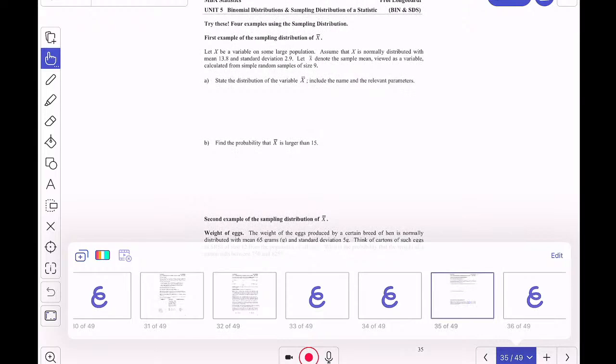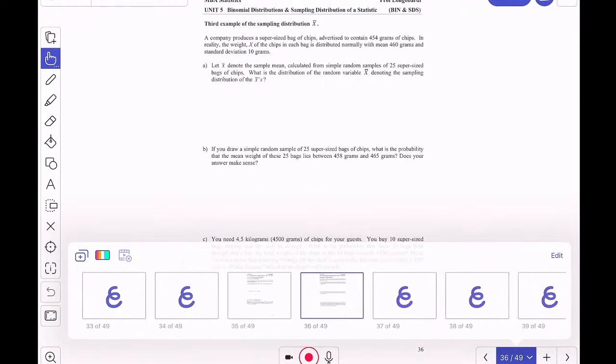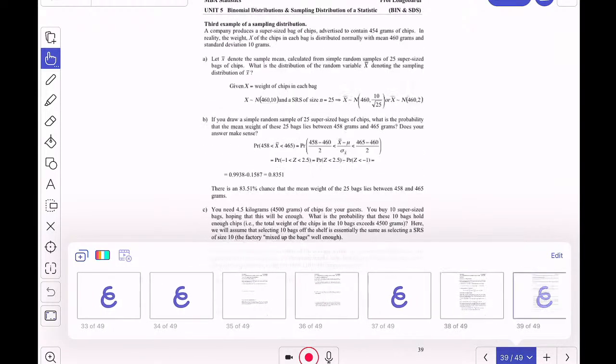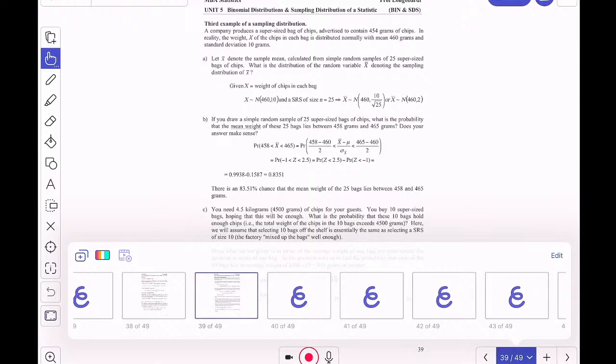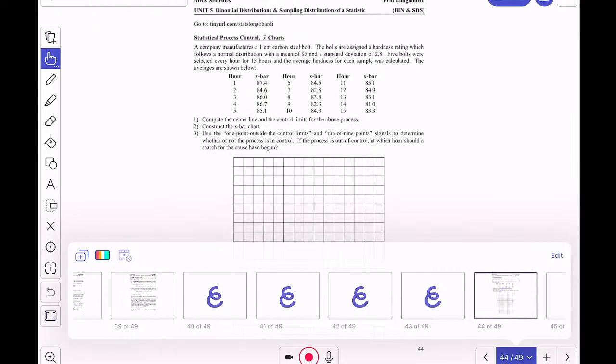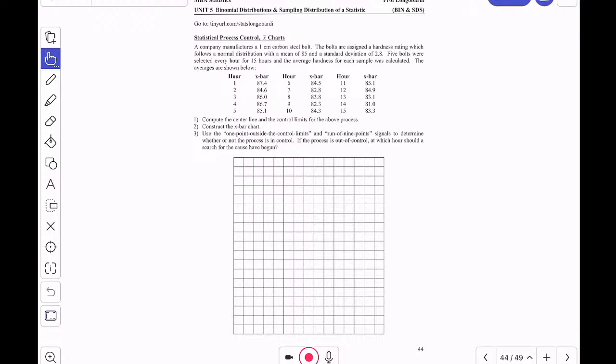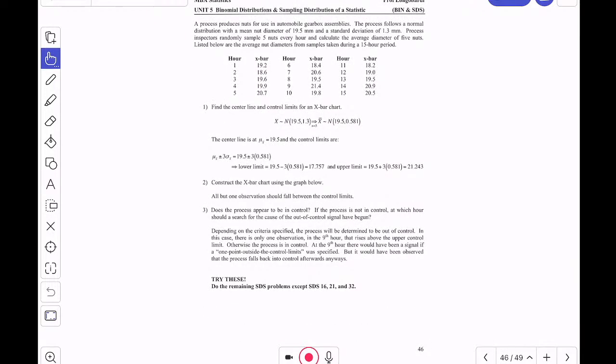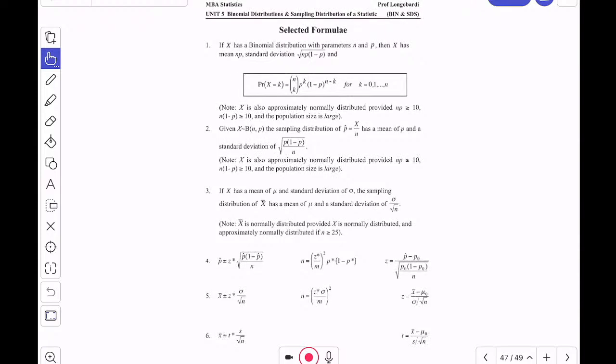So you have a lot of exercises in here. Were you able to look at the videos in SDS, the control charts? The control limits?